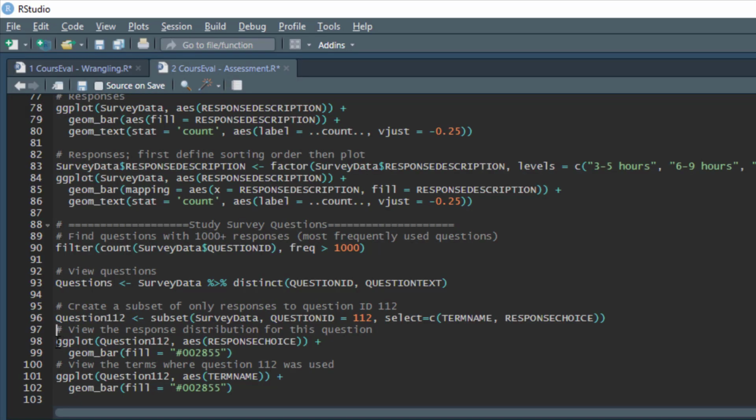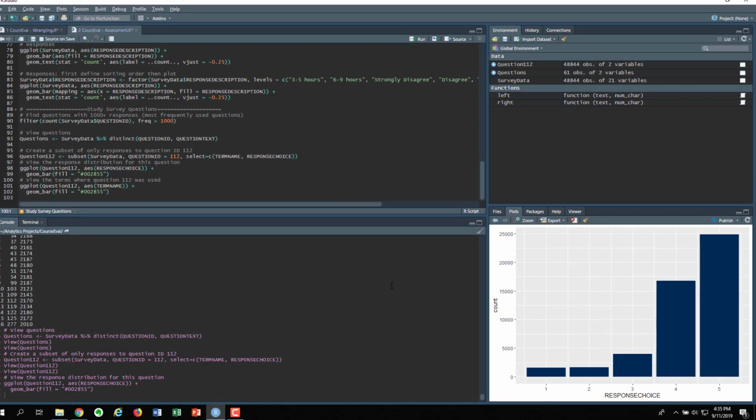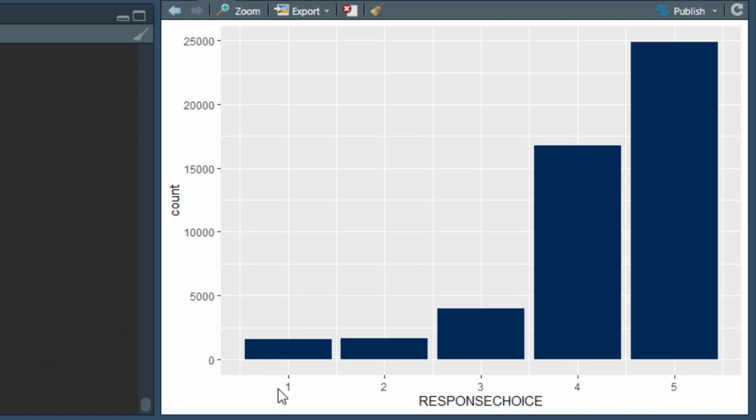With that data in hand, we're going to go ahead and plot some things. First, we're going to plot the frequency distribution of response choices to question 112. So Control Enter, and that will give us this plot. We can see that we have a good distribution.